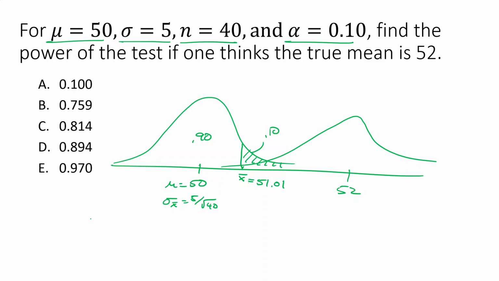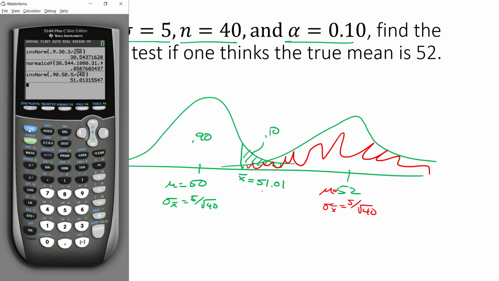Now we're saying, what's the probability in this other curve of getting above 51? Well, it still has this same mean. It's still going to have the same standard deviation as far as we know. And we want to know what's above 51. So we go back to our calculator and do just normal CDF with 51.01 as our lower bound, something big as our upper bound, a mean of 52 and a standard deviation of 5 divided by the square root of 40.